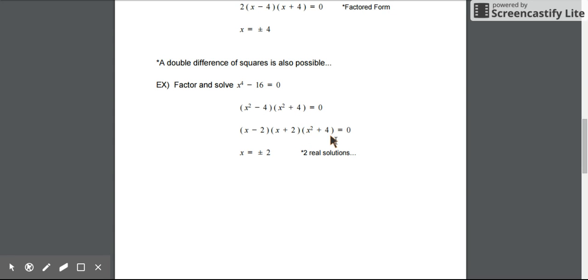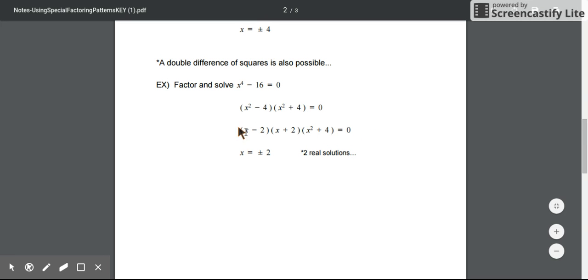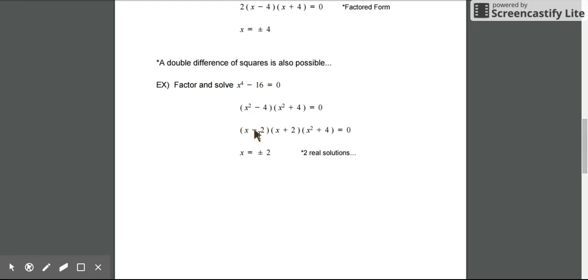We're still going to keep it there at the end. So that's our factored form, but we can find zeros of our factors to solve. We're just going to focus on these two binomials first. So the zeros or the solutions here are just the opposites of what's in the binomial. So we got positive and negative 2. Those are what's known as real solutions.